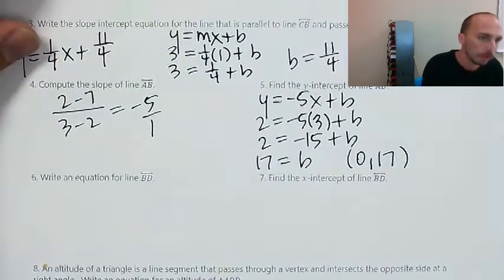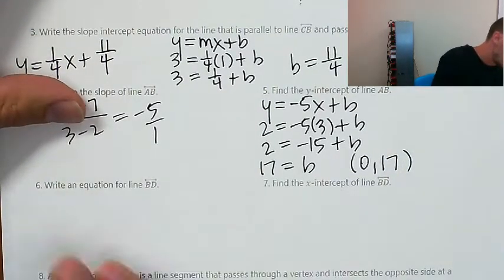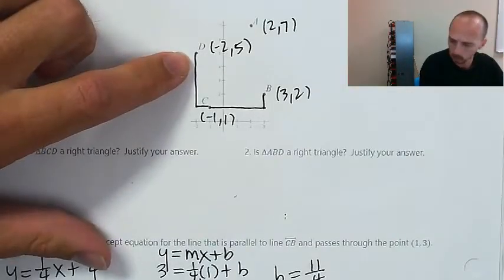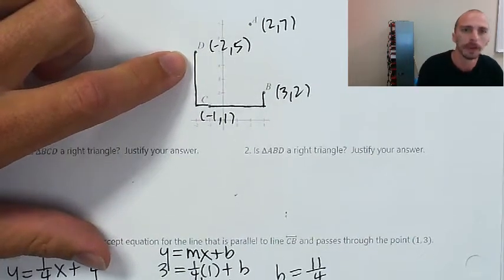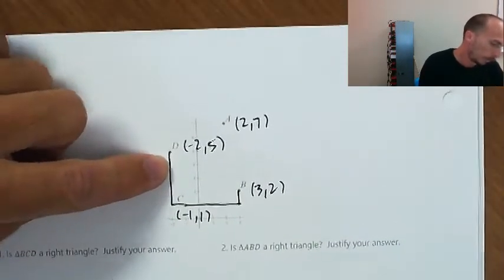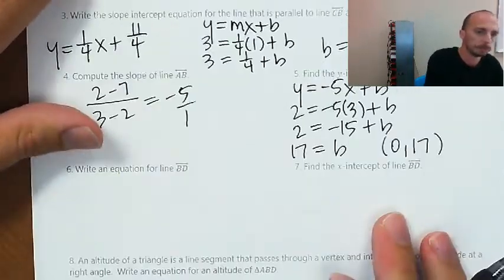So now we're going to write an equation for line BD. We're just going to need a point and a slope. Do we have a slope for BD? No, we do not. I guess it was the hypotenuse of both triangles. So we're going to need to find a slope for line BD.